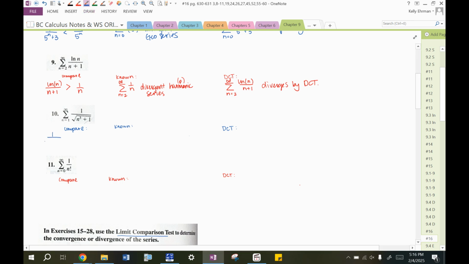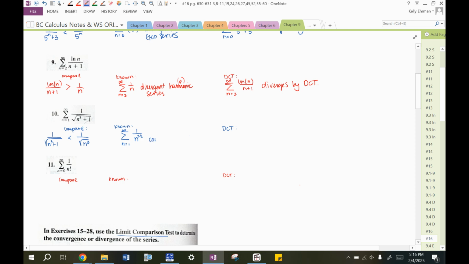So now I'm looking at 1 over the square root of n cubed plus 1, and I'm just going to cut off the 1, compare it to 1 over the square root of n cubed. This fraction is smaller. And we want to look at the series from 1 to infinity of 1 over, let's make this n to the 3 over 2. So that's a power that's bigger than 1.